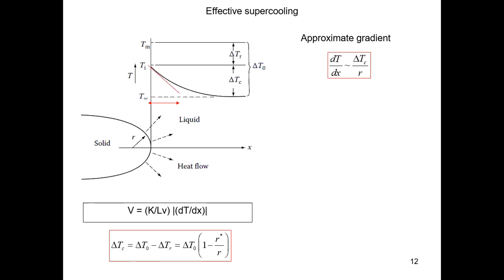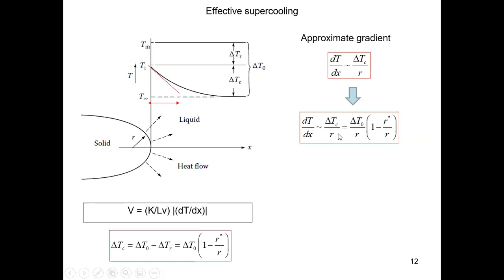If we plug this back into this equation, the delta Tc, as we computed before, is delta T naught times 1 minus R star over R. But because we're using the curvature to estimate the temperature gradient, another R factor comes in as the denominator.